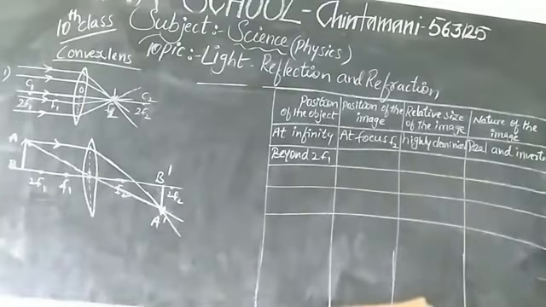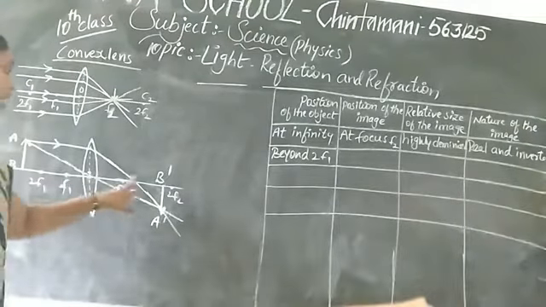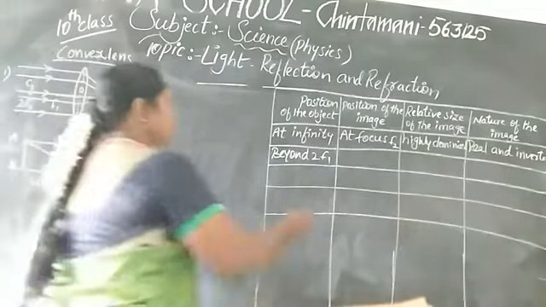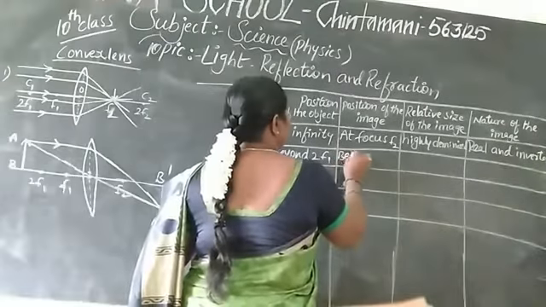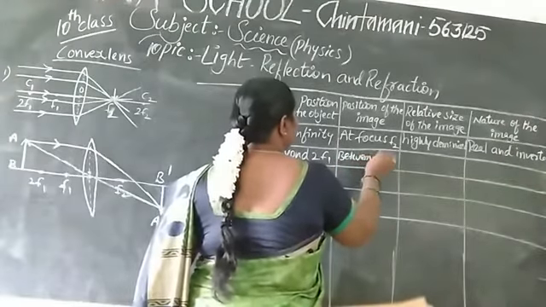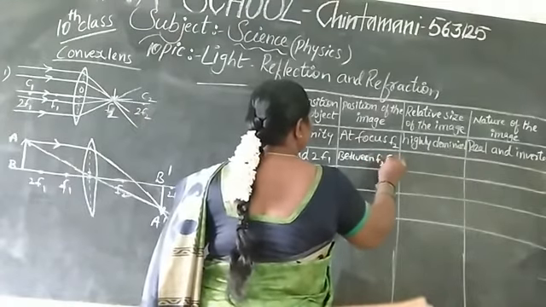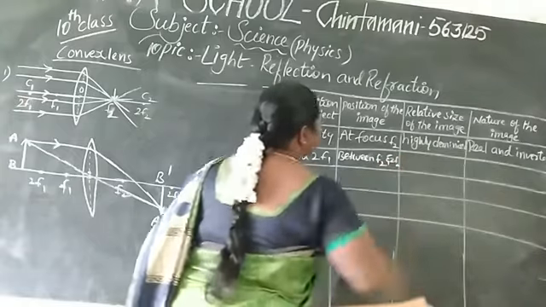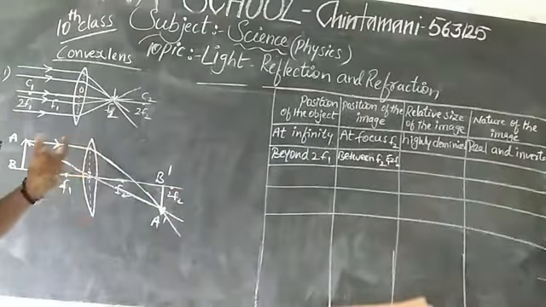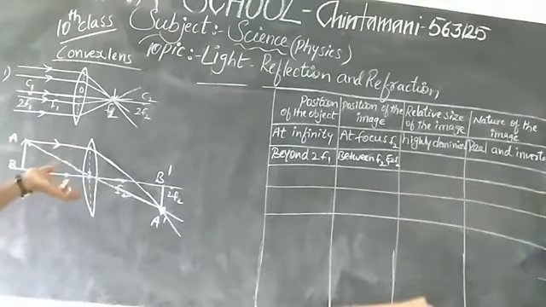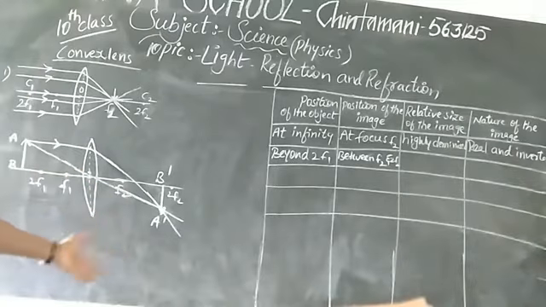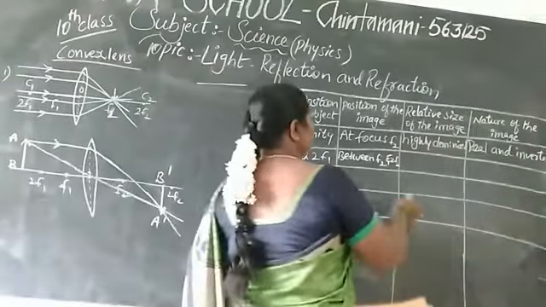It has formed between F2 and 2F2. We have to mention that. Where it has formed between F2 and 2F2, then how is the image?